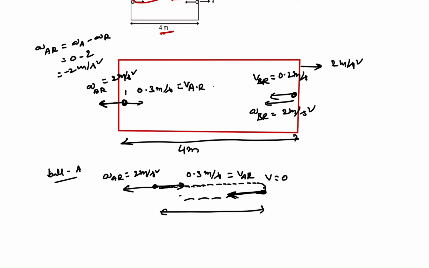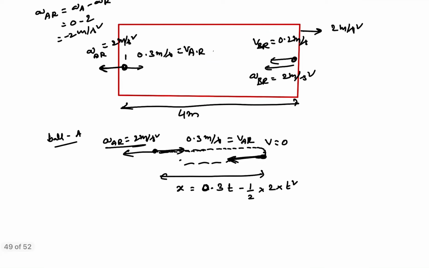Okay, first you will calculate how much distance it is traveling. So x is equal to, we can write it as ut plus half a t square. So we can write u value is 0.3 into t minus, I'm writing minus because the reason is the opposite direction of a, half into 2 into t square. How much distance is there now as per the question? How much distance they are moving, we need to calculate. Suppose I don't know what is the time it is traveling.